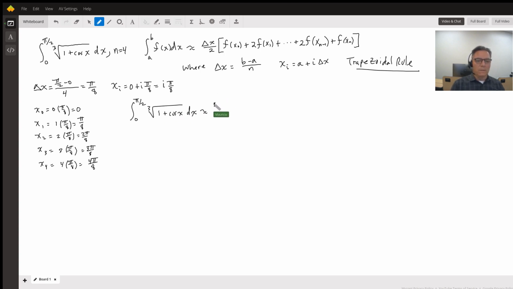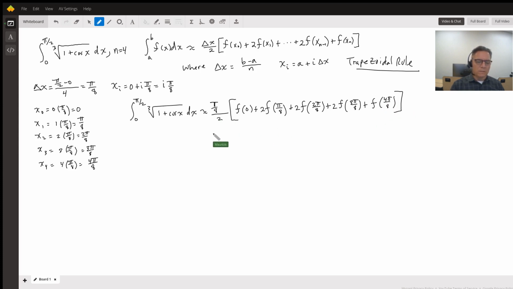So that's pi over 8 over 2, right? Times f of x sub 0, which is f of 0, plus 2 times f of x sub 1, where x sub 1 is pi over 8, plus 2 times f of 2 pi over 8 plus 2 times f of 3 pi over 8, and then lastly plus f of 4 pi over 8.